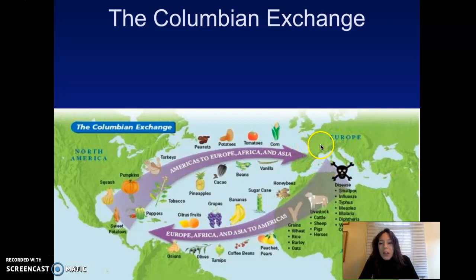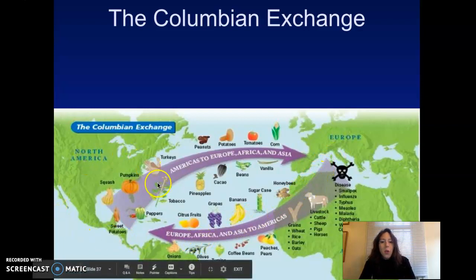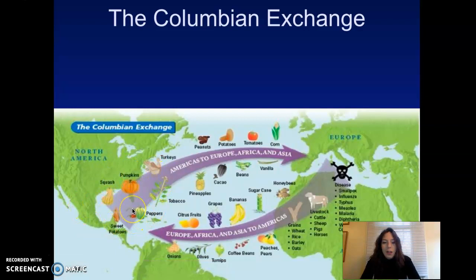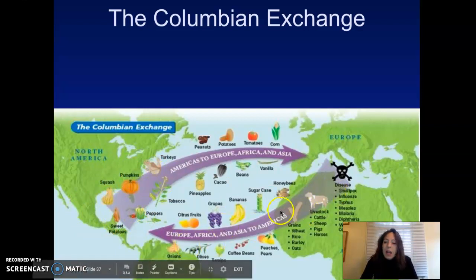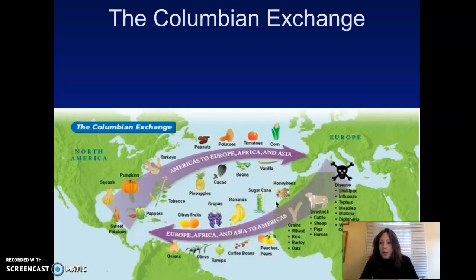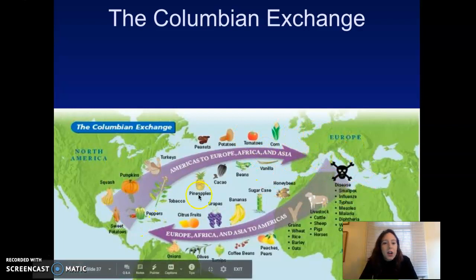Starting back in the 1500s, explorers from the Old World, the Eastern Hemisphere, were coming over to the New World, checking things out, claiming land for the countries they came from, colonizing, right? And when they do this, they bring plants, animals, goods, and new cultures to this hemisphere that had never seen them before. And when they return to the Old World, they bring things that are native to this land with them.